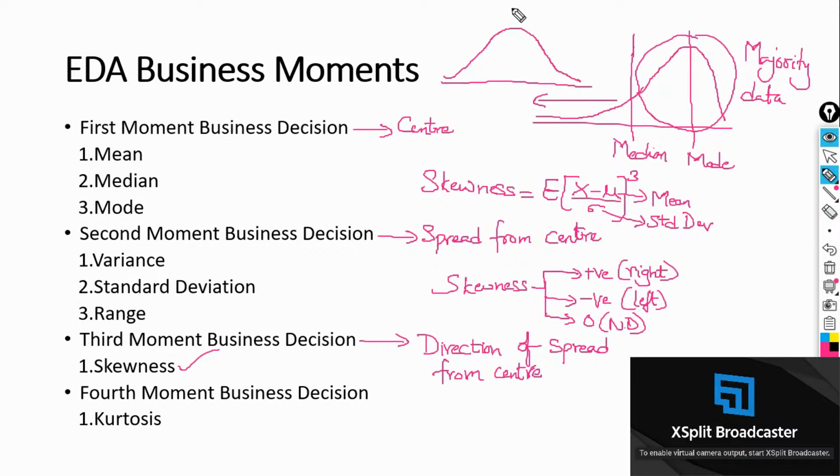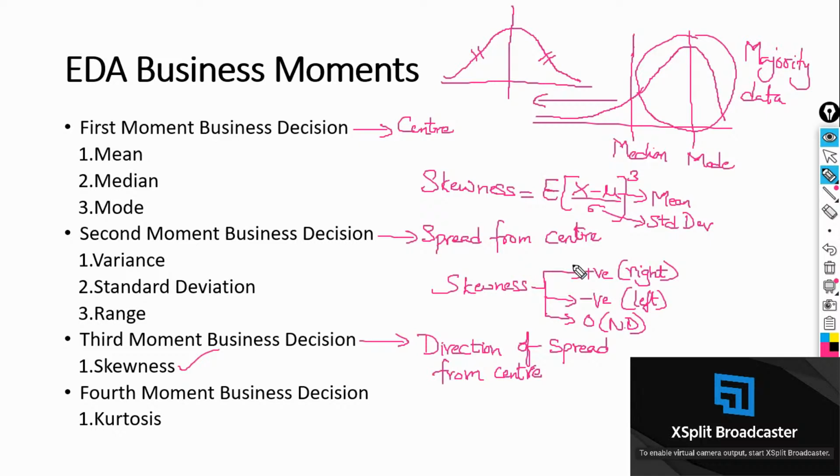When you cut the bell into two parts exactly at the center, you'll get identical parts, right? Such kind of data is nothing but normally distributed. Exactly if I cut the bell at the center, I'll get two identical parts because it is normally distributed. There is no kind of spread in the data. Such kind of data is called normally distributed data.